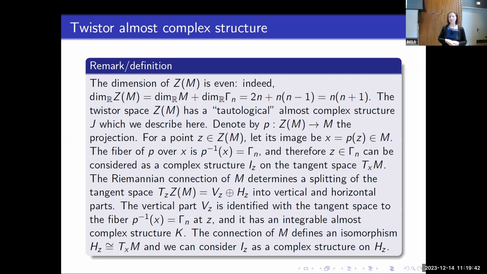Then, because Γ_n itself parameterizes almost complex structures on R^2n, which is how you patch up locally the manifold, on the horizontal space, which is naturally identified with the tangent space of the manifold, the action of the point on the fiber is your complex structure. And this defines the Twistor complex structure, which is actually an almost complex structure.